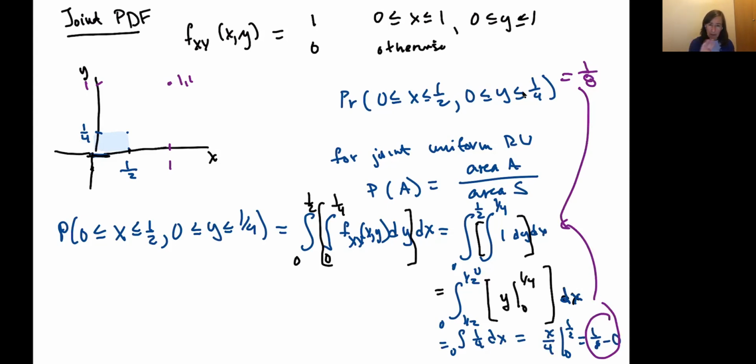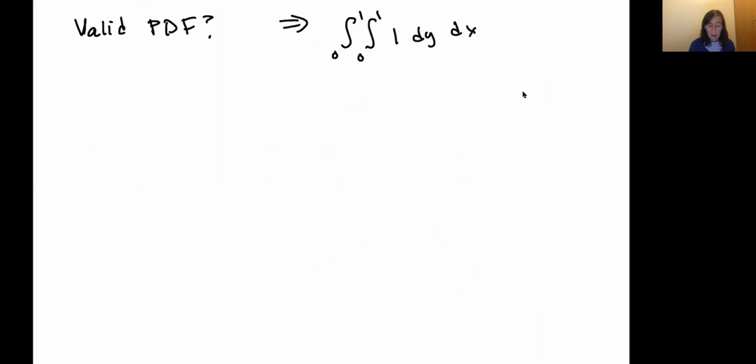Okay. Let's do one more double integral, just to convince ourselves that the PDF is valid. Valid PDF means that if we integrate over the entire sample space, letting both x and y go from 0 to 1 of 1 dy dx, it equals 1. Let's first do the inside integral.